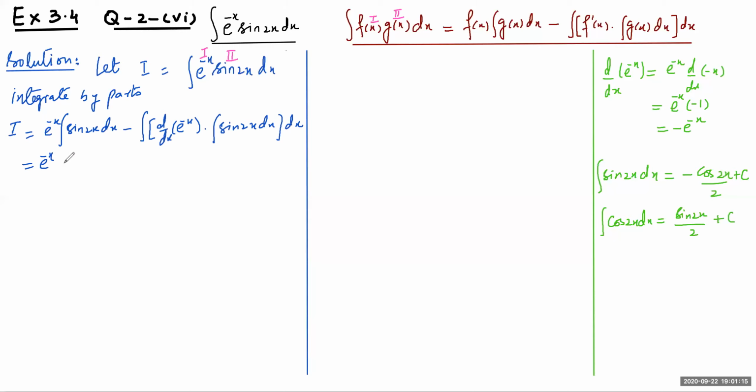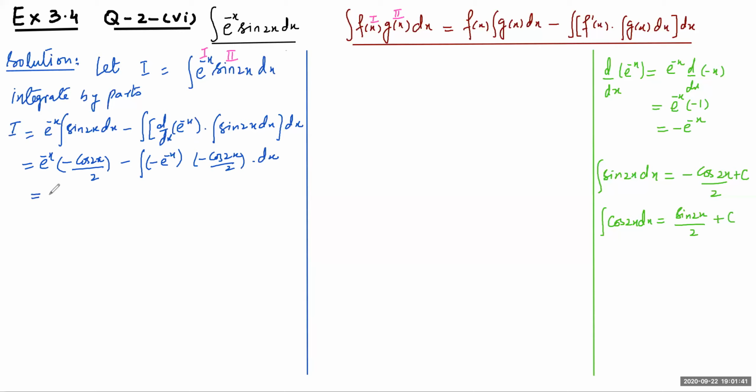Integral of sine 2x is minus cos 2x by 2. So I use a bracket here, minus integral. Derivative of e to power minus x is minus e to power minus x. Again, I use a bracket here. Integral of sine 2x is minus cos 2x by 2. And then comes this dx.